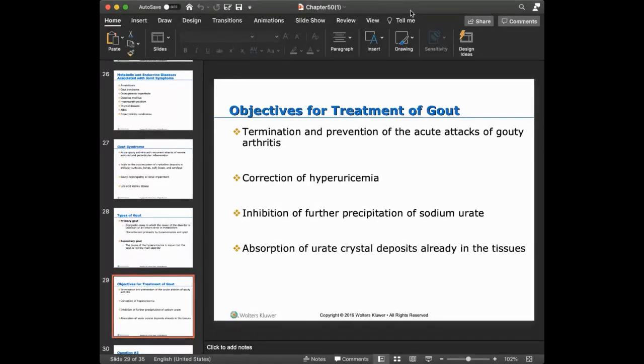We also want them to be active. And it's important to understand that gout flares are not the same for every single patient. They're going to be very different depending on the person, and the triggers will be different as well.